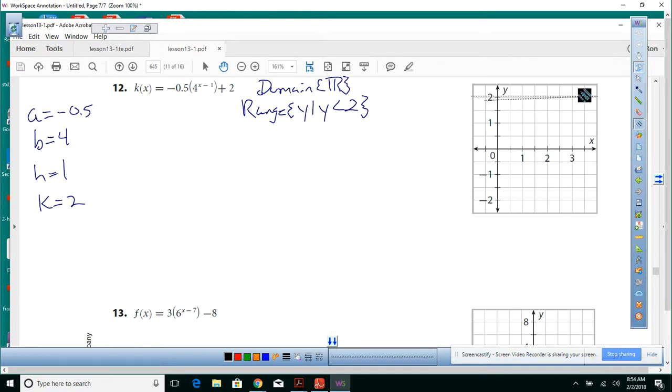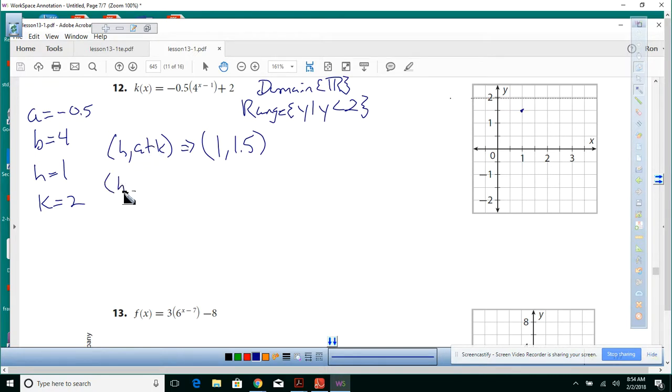And I didn't really get that right on the spot. I can do better than that. There we go. So we've got H and then A plus K, and that's going to give us H is 1, A -0.5 plus 2 is going to be 1.5. So we got 1 and then 1.5 is right there.